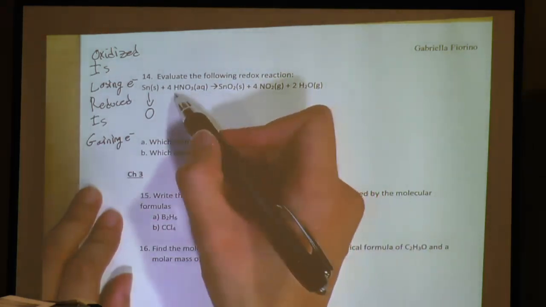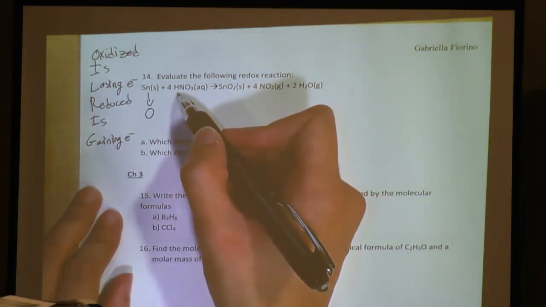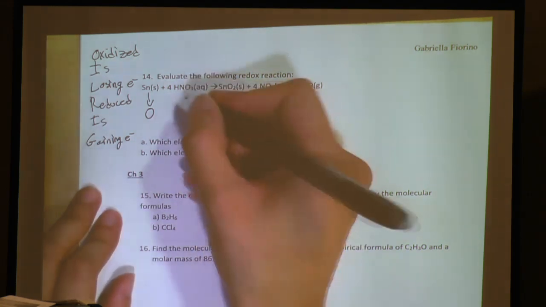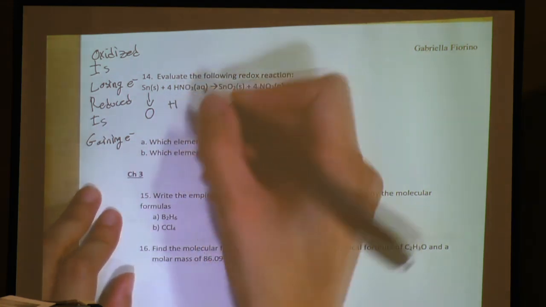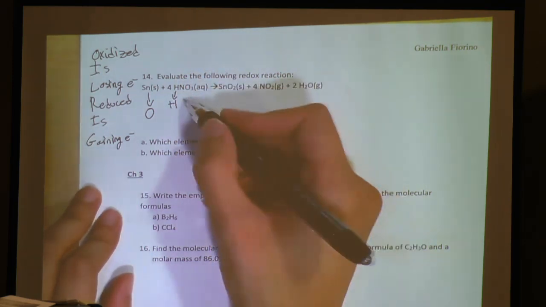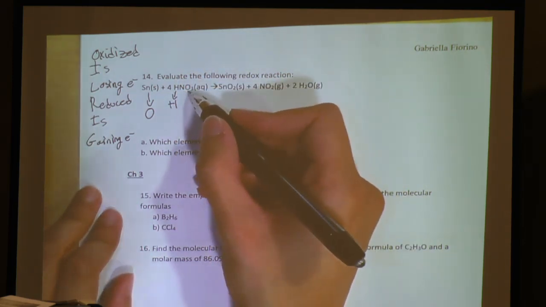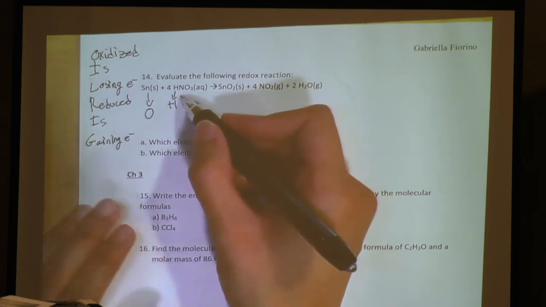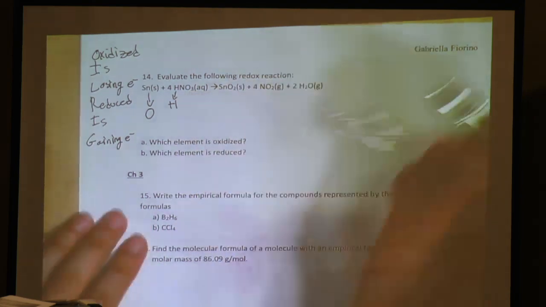So, what are some rules? Hydrogen is always going to have a +1 charge. Between nitrogen and oxygen, which one is more electronegative?